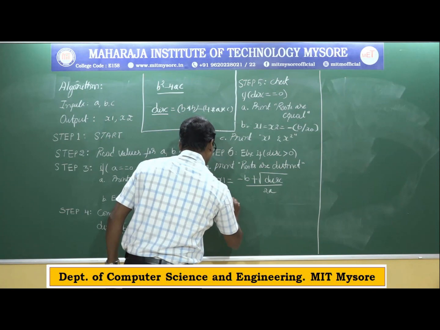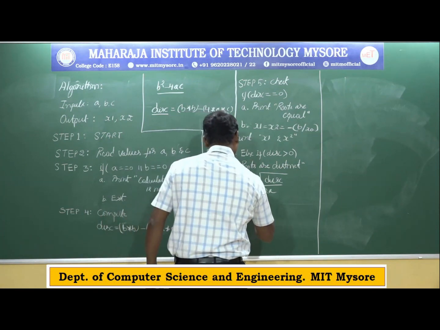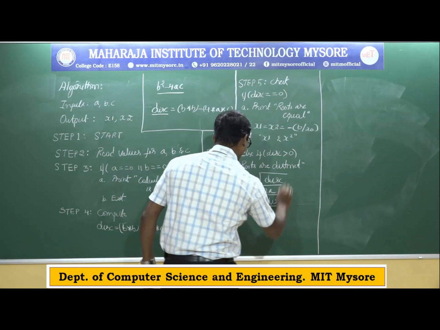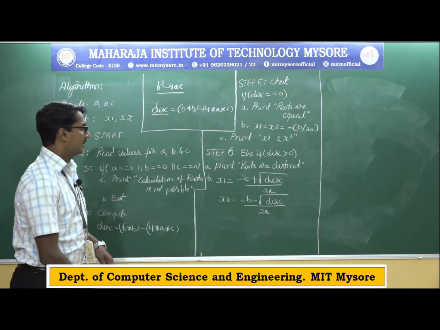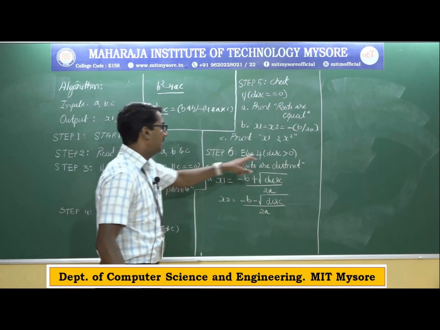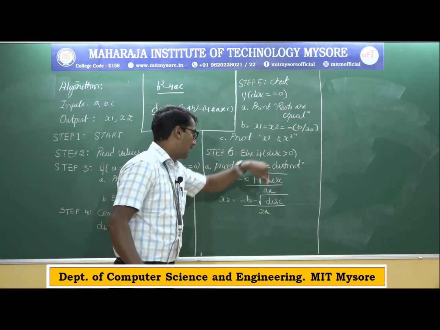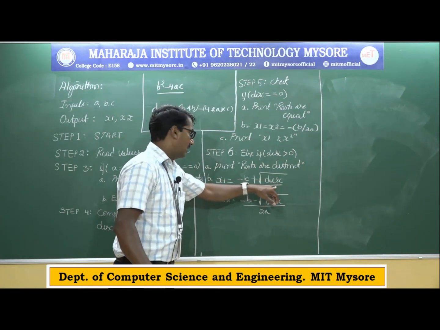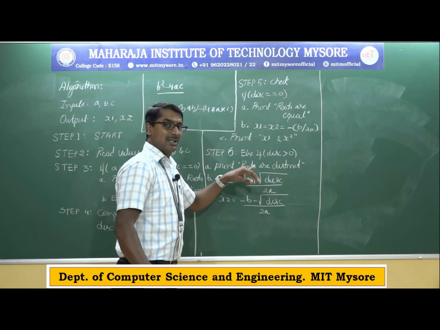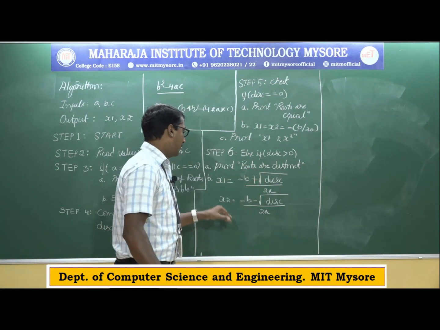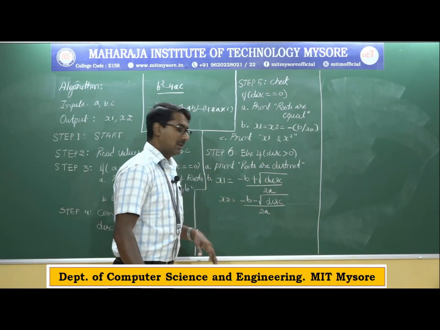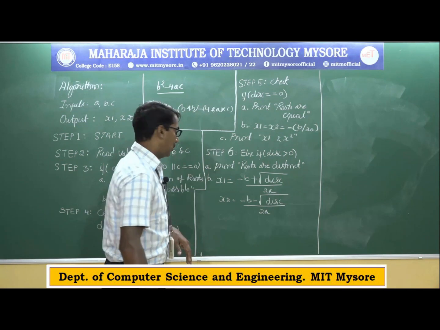Then x2 is equal to minus b minus square root of disc divided by 2a. If disc is greater than 0, roots are distinct.